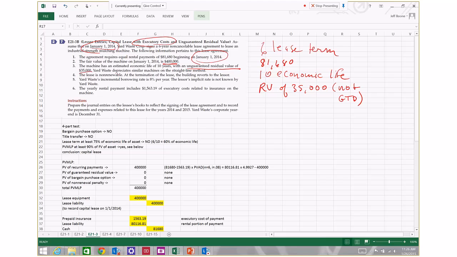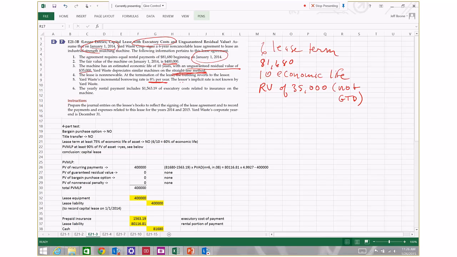Our lessee depreciates its equipment on the straight line basis of accounting, so we'll have to take that into account when we book depreciation expense. The lease is non-renewable, and at the termination of the lease, the building goes back to the lessor. The significance of that is it tells us that the title doesn't transfer to the lessee. The title of the property remains with the lessor. The lessee's incremental borrowing rate is 8% per year.